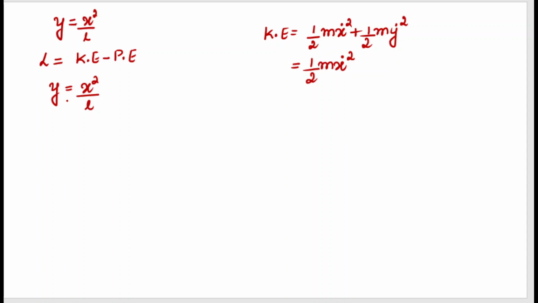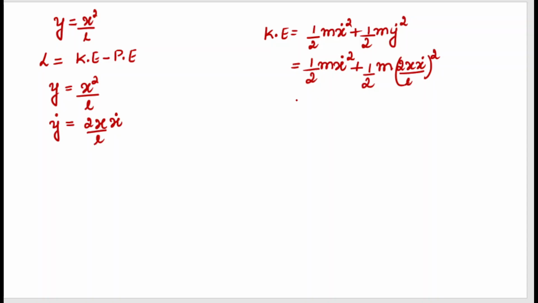Now differentiate with respect to time, so we get y dot equal to 2 times x divided by L into x dot. Why does x dot come again? Because x is also a variable, so we get the dx by dt term. Substituting for y dot, it will be plus half into m into (2 x dot divided by L) whole square.